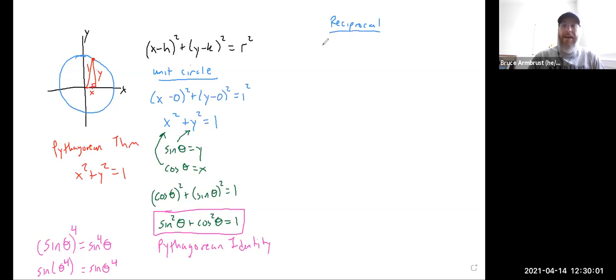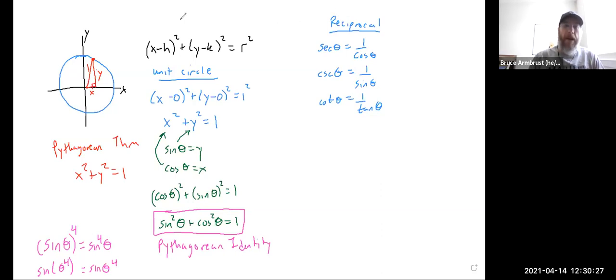Those were how we found the others of the big three, right? Secant is 1 over cosine. Cosecant is 1 over sine. And cotangent was 1 over tangent. We saw those really early on.